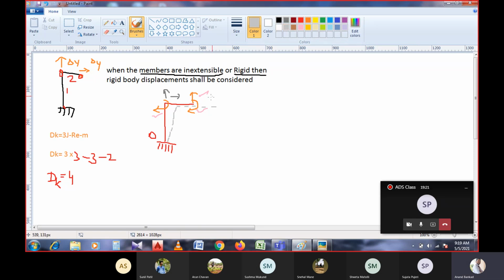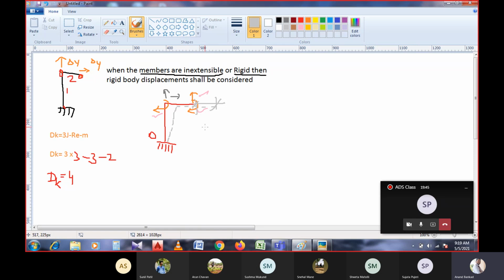That means we can observe over here this is the particular distance. In this distance, the whole body is displaced. That means when it is rigid, the complete body will be displaced. When it is not rigid, the particular member is only displacing, right?